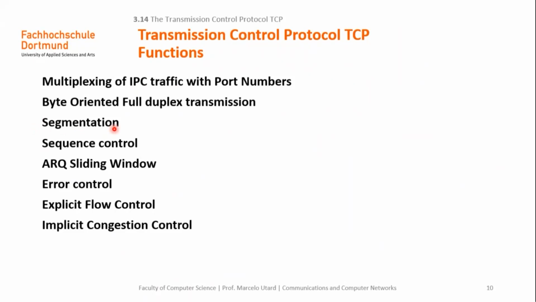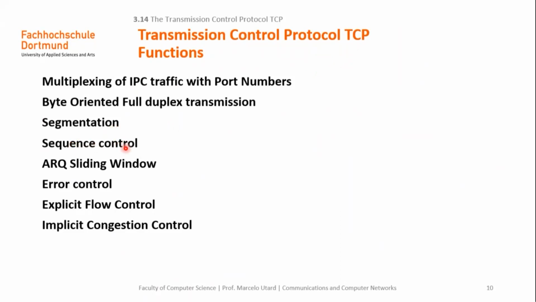Remember, the segments could have a variable length, but with the maximum established by the MSS, the maximum segment size, that is negotiated during the connection. The TCP protocol implements a sequence control.